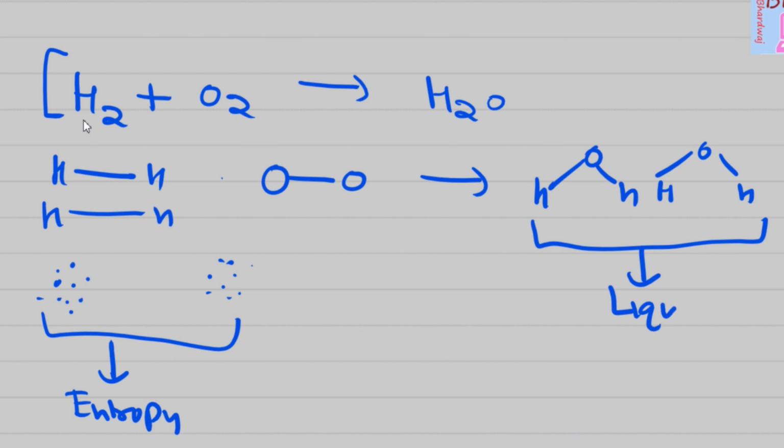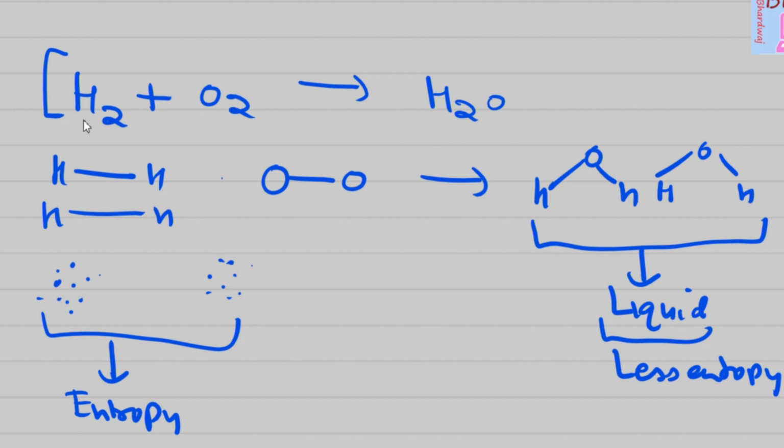Now try to think which one is going to have higher entropy. Here the reactants are going to have higher entropy, but your product is going to have less entropy, because water in the liquid state, in comparison to the gaseous state, has lesser entropy.